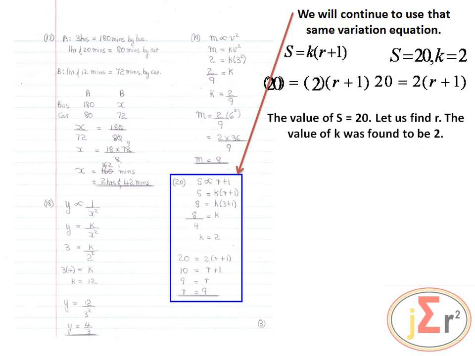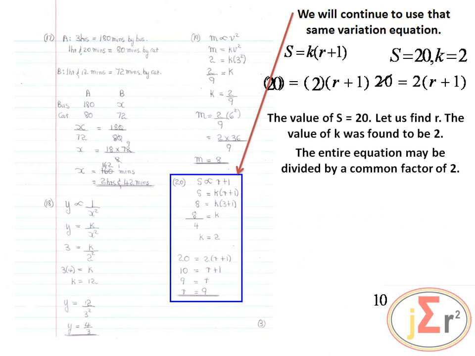Or we may make use of the fact that on the left hand side we have 20, that is also a multiple of 2. Therefore, we may reduce the equation by a common factor of 2. So do that. The entire equation may be divided by a common factor of 2.